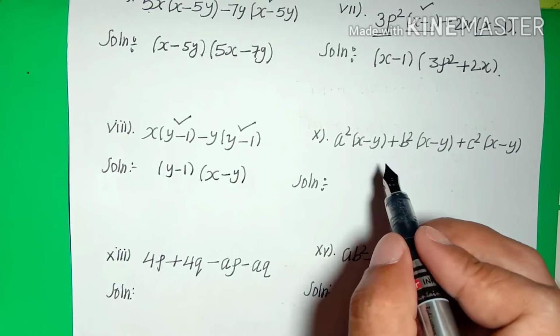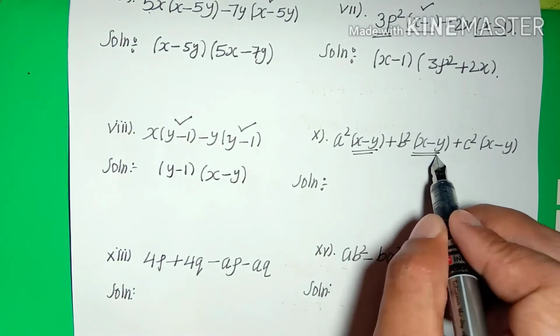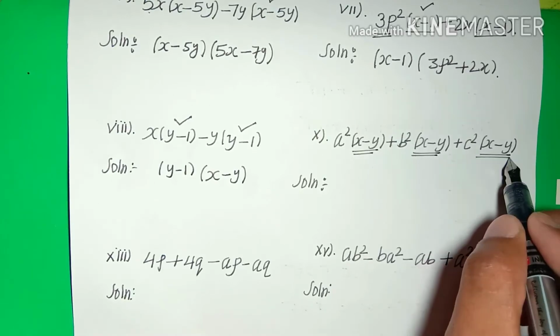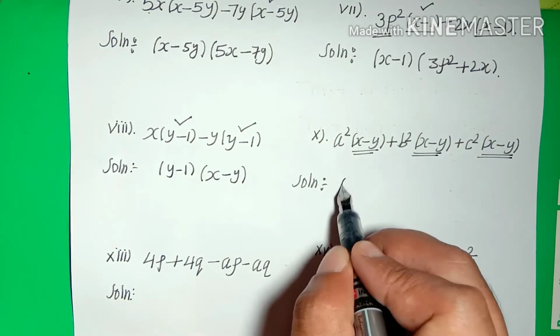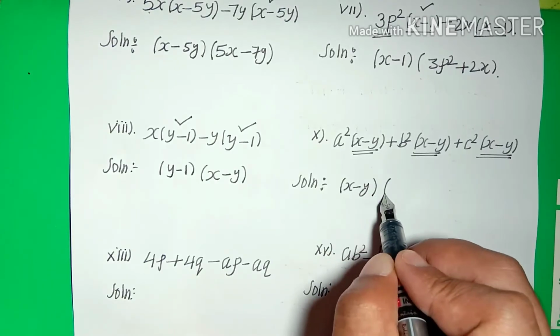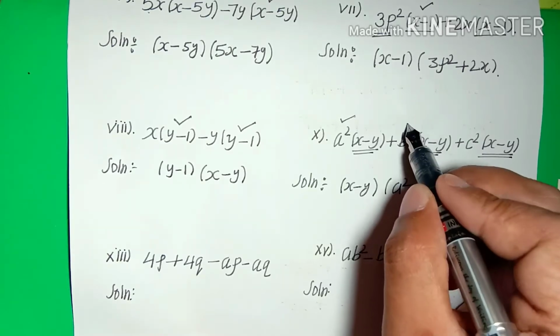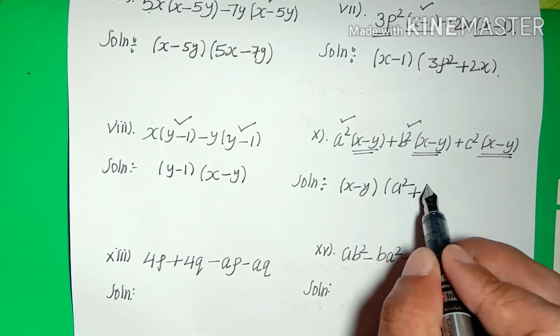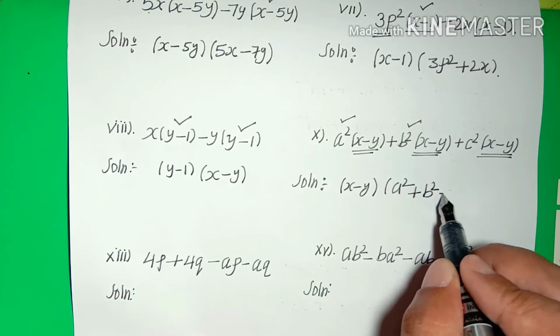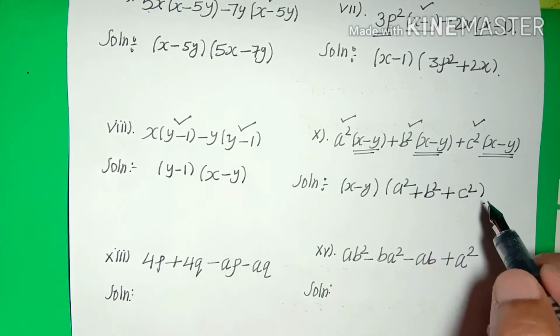Now here we can see the factor x minus y, here also x minus y, here also x minus y. That means we can take the common factor x minus y. After that, we collect back a square along with the sign, that is plus b square. Again plus c square.